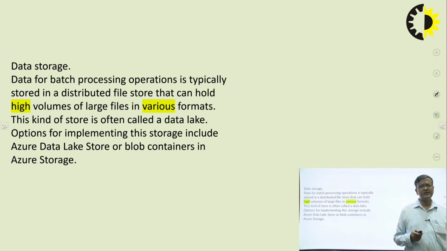So options for implementing this storage include Azure Data Lake Store or blob containers in Azure Storage. So the store format is of a data lake, and the options for implementing this format can be found in the Azure Data Analytics component.